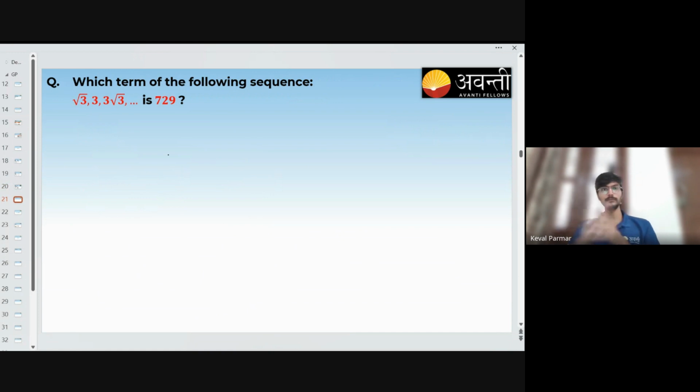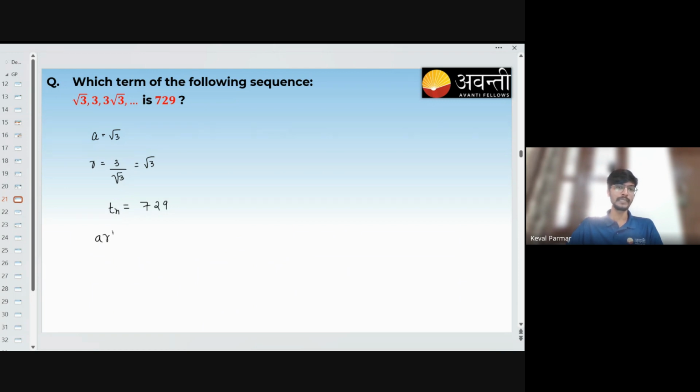Which term of the following sequence is 729? So this is also a very simple question. We are still doing NCERT, guys. So first, find A. A is √3. What is R? R is 3 by √3, which is again √3. So they have given that the last term or nth term, let the nth term be 729. What is the nth term?